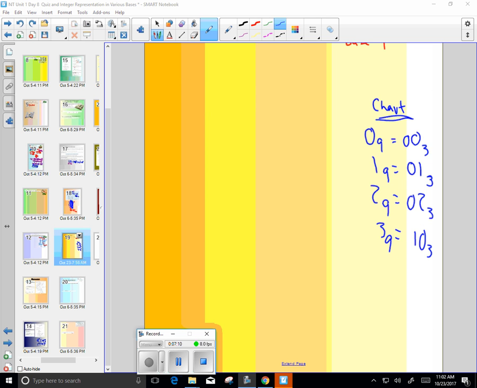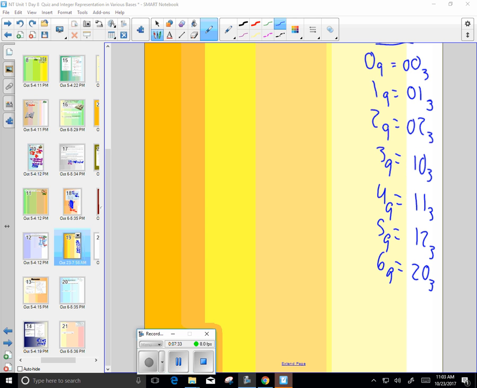And then we keep going here. 4 base 9 is going to be 1, 1. 5 base 9 is going to be 1, 2. And 6 base 9 is going to be 2, 0. Right? And what's 7 going to be? You're probably saying, why is he torturing us? 2, 1 base 3.